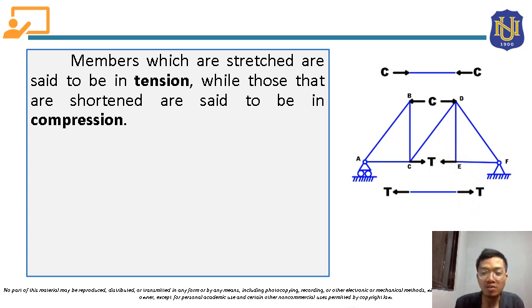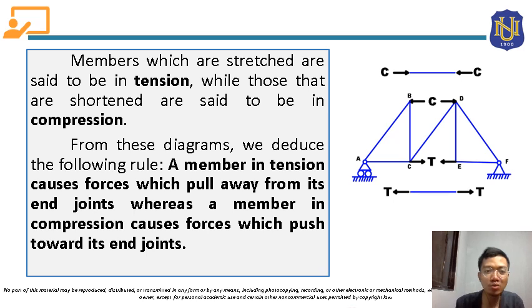So from these diagrams, we deduce the following rule. A member in tension causes forces which pull away from its end joint. So here at joint C, the member attached here is in tension, meaning the force here will pull away from this joint.